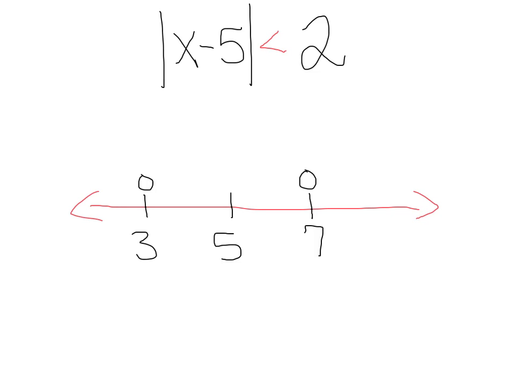So if you look at, say, the number 6 and the number 4, are those numbers less than 2 units away from 5? The answer is yes, because they're only 1 unit away. So it's all the numbers that are in between 3 and 7. And if you have a less than or equal to, just fill in those circles.